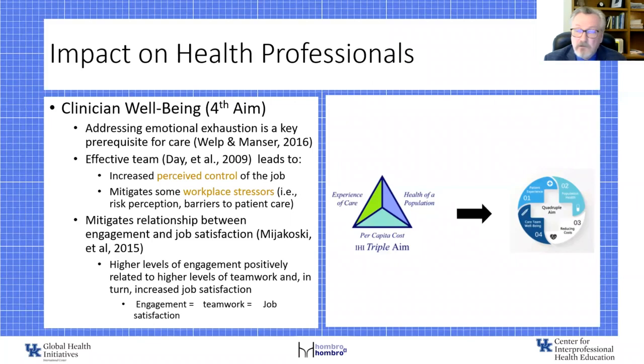And this can lead to reducing or mitigating some of the stressors in life, or stressors in practice. More evidence indicates that it's related to engagement as well. The greater engagement you have is related to higher levels of teamwork, which is related to higher levels of job satisfaction.